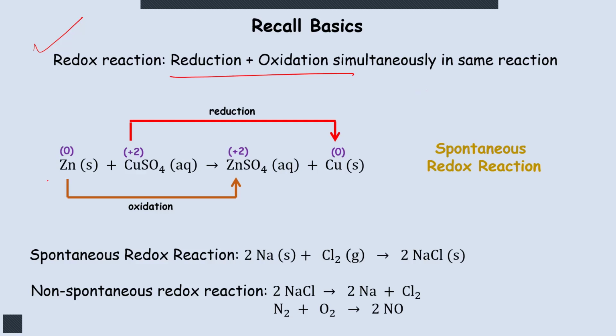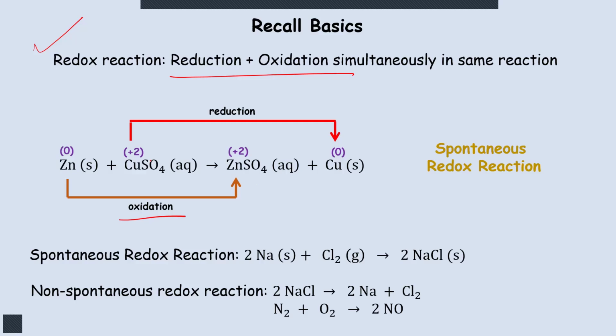For example, zinc reacts with copper sulfate solution to form zinc sulfate solution and copper. In this reaction, zinc loses 2 electrons and is converted to Zn2+ in zinc sulfate. Loss of electrons is oxidation, so zinc is oxidized to Zn2+.